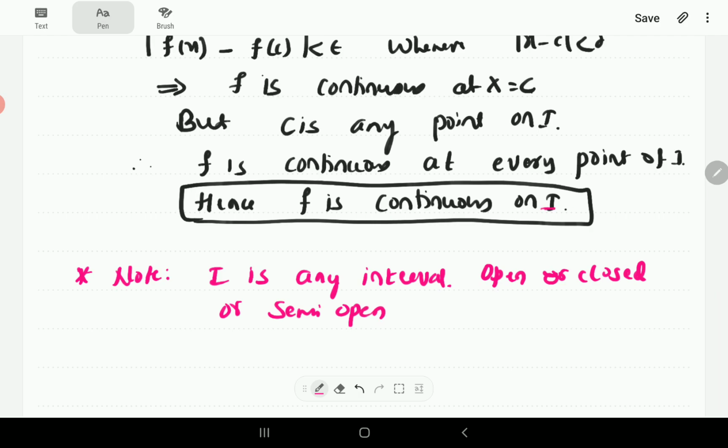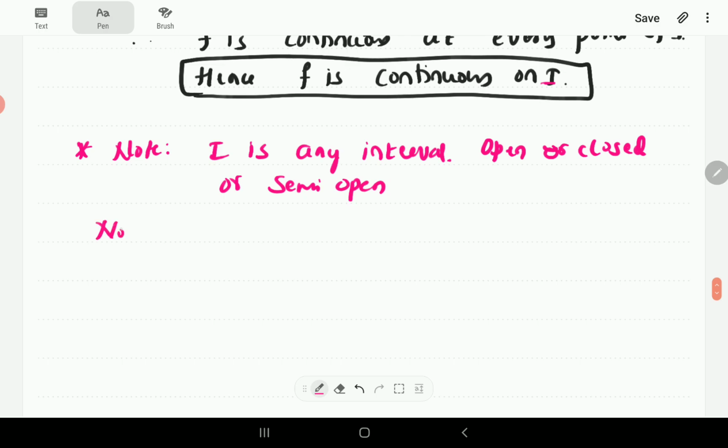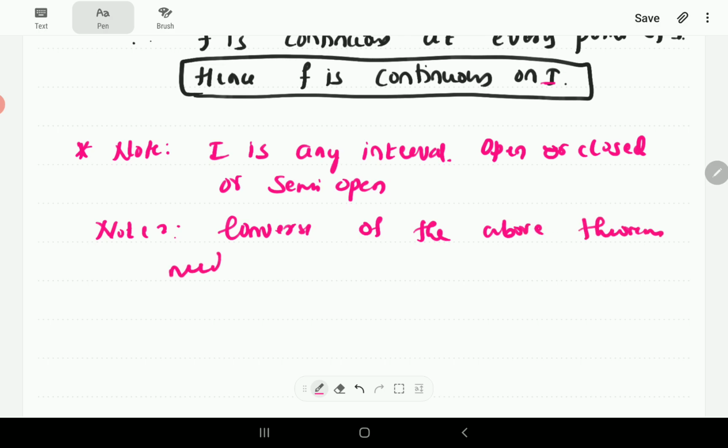Note 2 is: the converse of the above theorem need not be true. When I say the converse of the above theorem need not be true, what do I mean? Every continuous function need not be uniformly continuous.